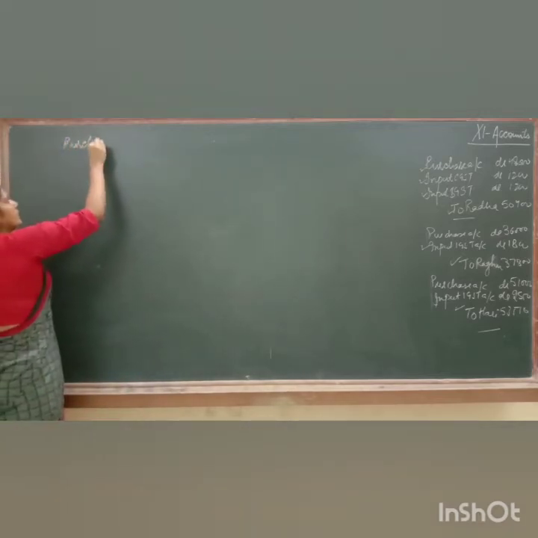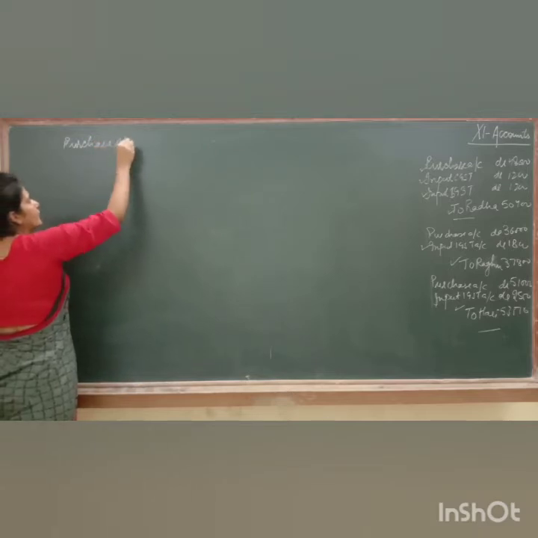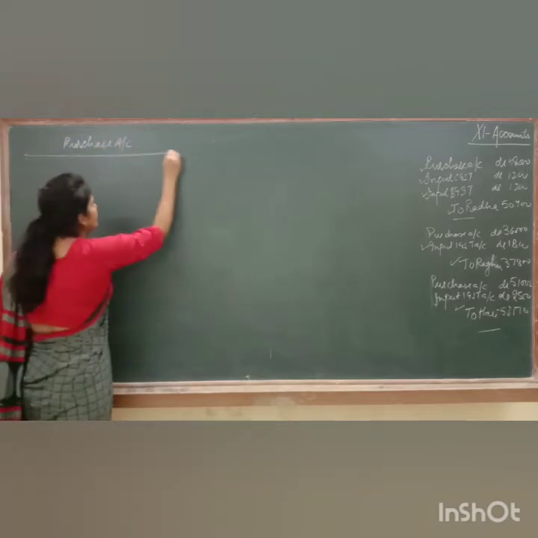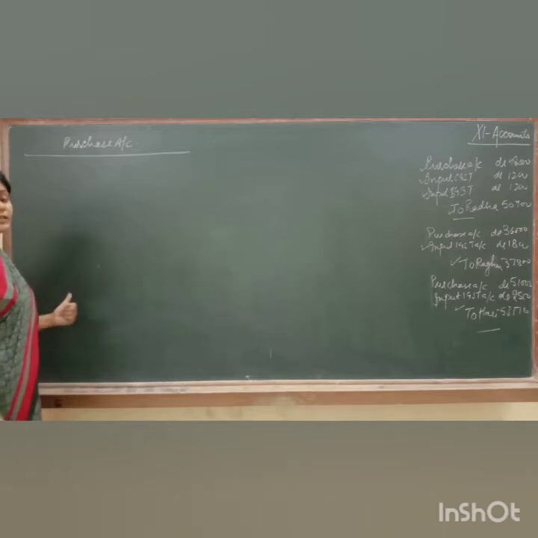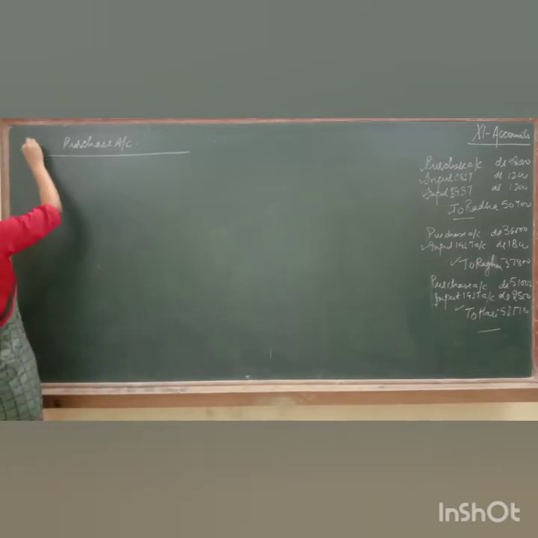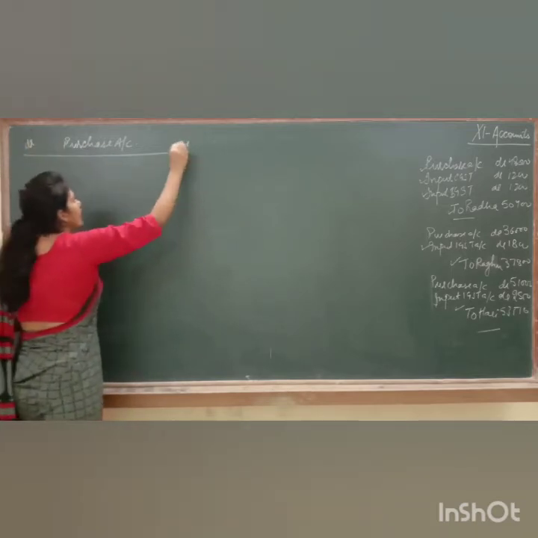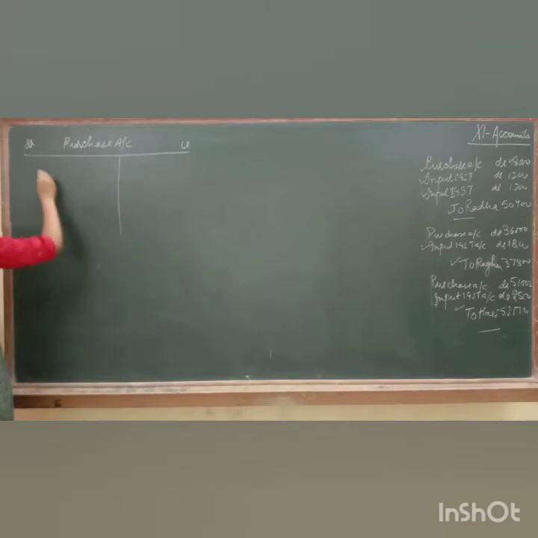See, purchase account. What is the format? It is a kind of T-shape account. We have already done in ledger the formats having 2 sides, debit and credit. Fine. We write date also.